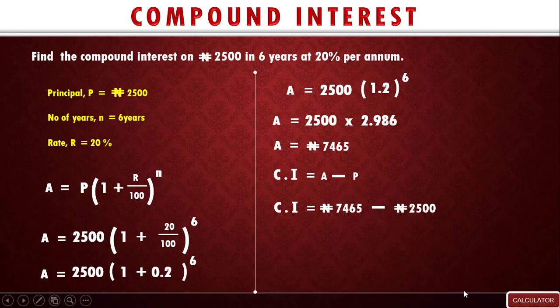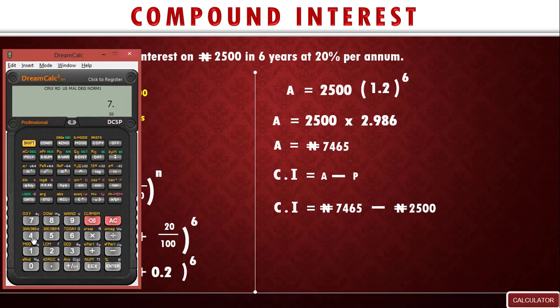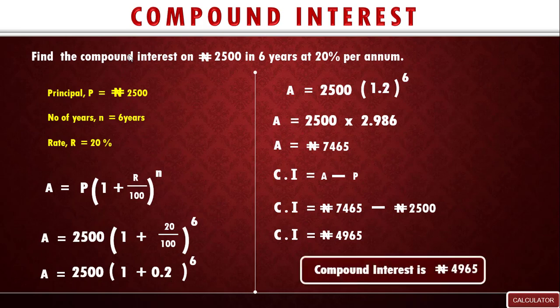So let's use our calculator to do that. 7465 minus 2500. Press equals or enter. That gives us 4965. So that means our compound interest is 4965. So our final answer for compound interest is 4965.